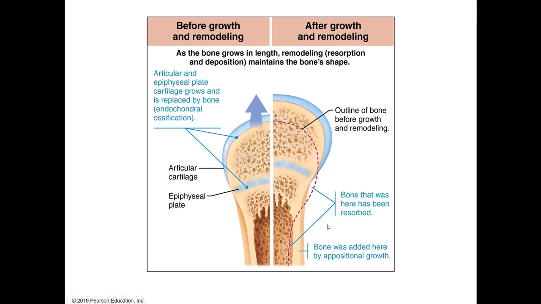So as we get wider this way, we're losing some bony tissue right here during that appositional growth. The growth occurs here under the periosteal surface, but as we're getting wider this way, the medullary cavity itself is also getting wider. So that maintains the proper thickness of our bones.